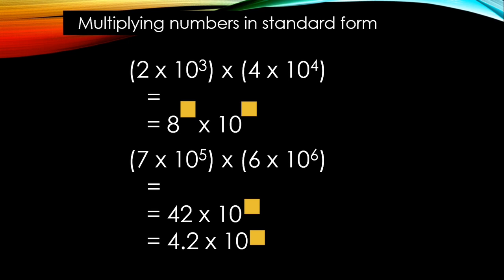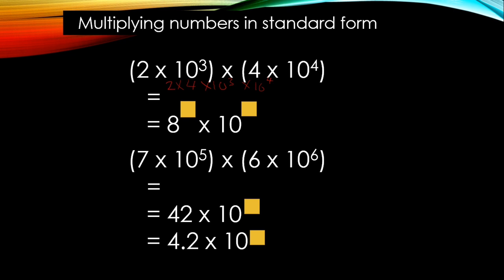You can even rearrange all these numbers to your convenience and still you'd get the same answer. For example, I'm going to rearrange it to 2 times 4 times 10 to the power 3 times 10 to the power 4. Once I do this, it becomes very easy for me to solve and work this one out because it's in a simple form.